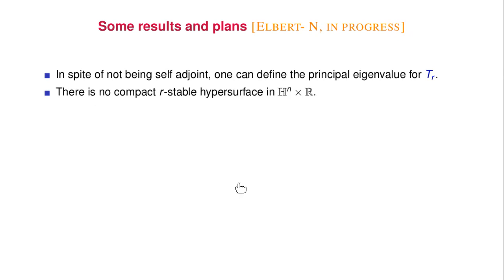This is standard. And what one can prove in this way is that there is no compact r-stable hypersurface in H^n cross R. This is not difficult because you find a Jacobi function by taking a Killing vector field times N. So it has a sign. I mean, it's not difficult.